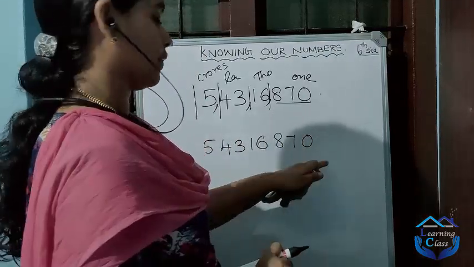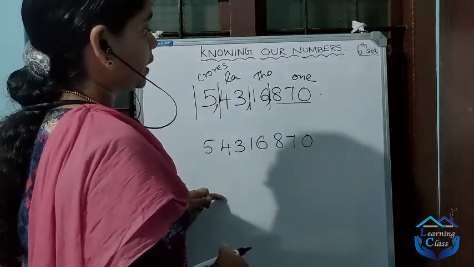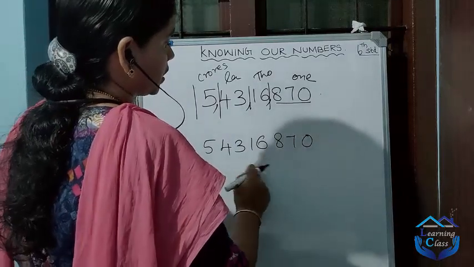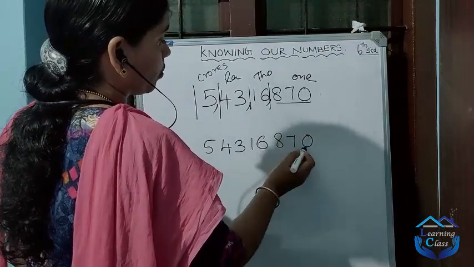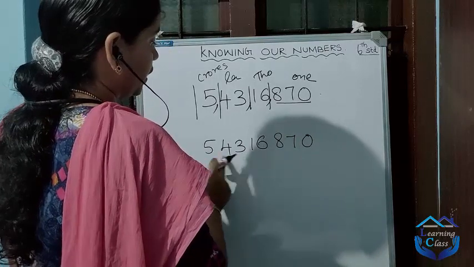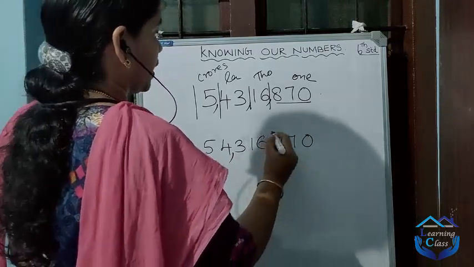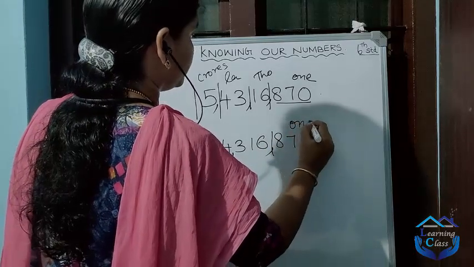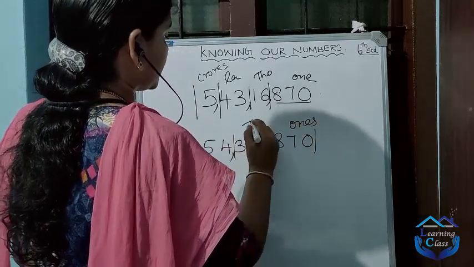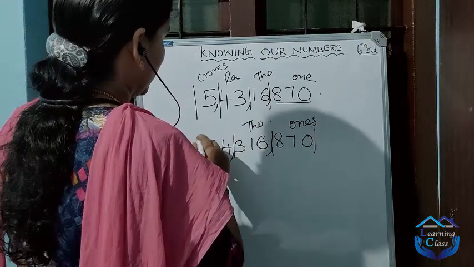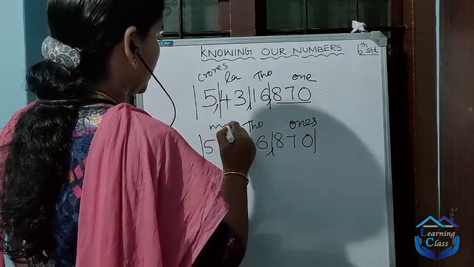Same number, how can we convert it in the international system of numeration? How can we insert commas after every 3 numbers? Here 3. Okay, and this is ones period, this is thousands period, and this is million period.